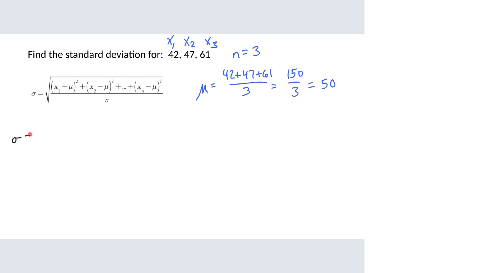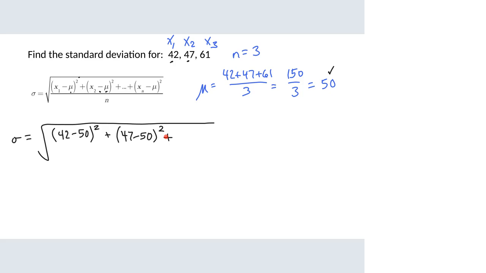So my standard deviation here is going to be, and I never make this long enough, so I'm going to try to make it super long. All right. x sub 1, which is my first data point, 42, minus the mean, which I just found to be 50, squared, plus x sub 2, which is 47, minus the mean, squared.